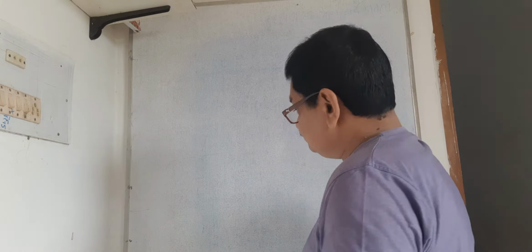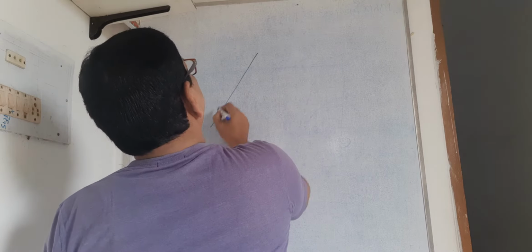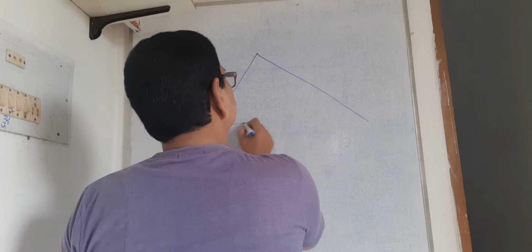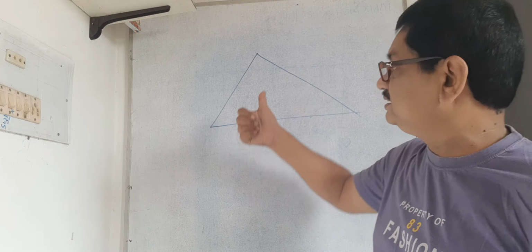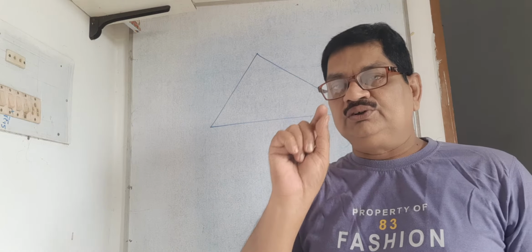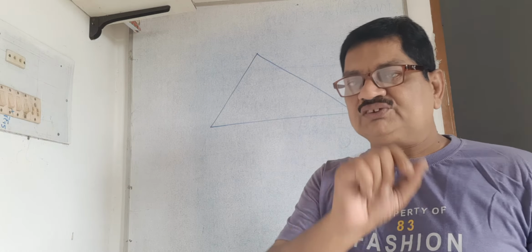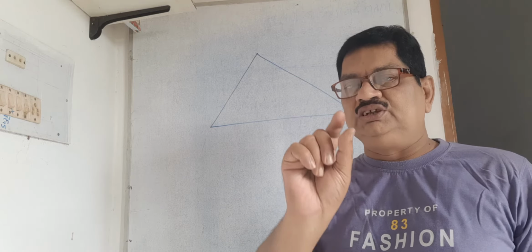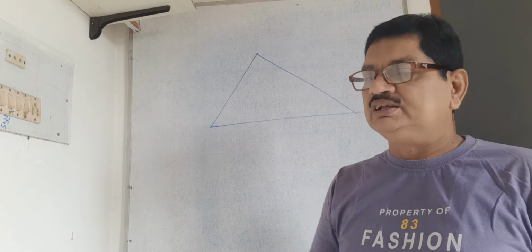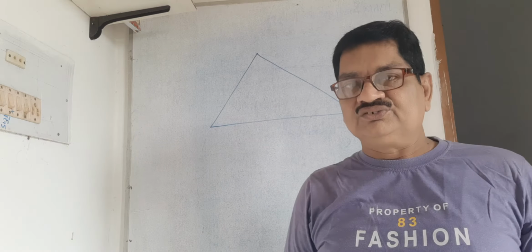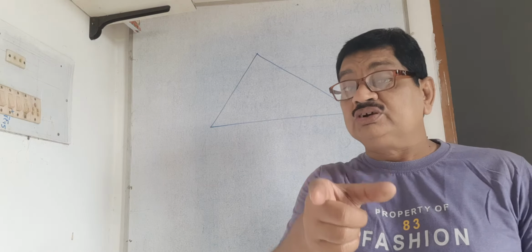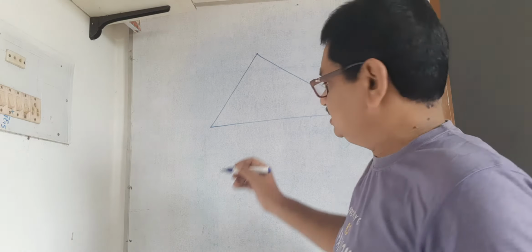Suppose this is the triangle, and we have to make another triangle similar to this, and in that similar triangle each side should be 2/3 of each side of this given triangle. So 2/3, 2 by 3.